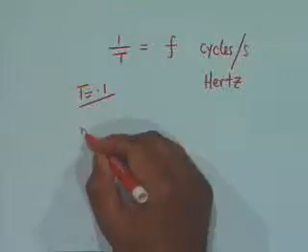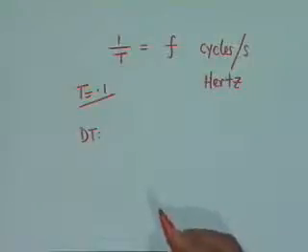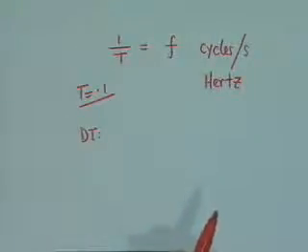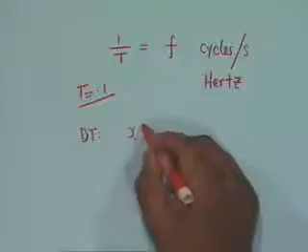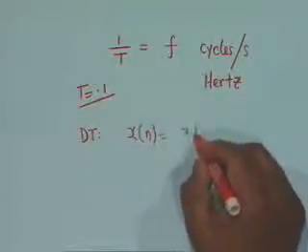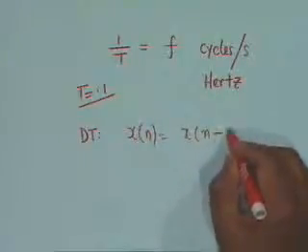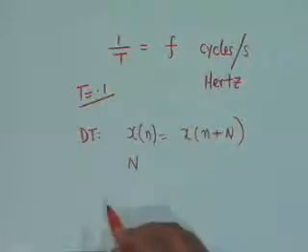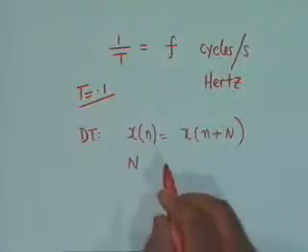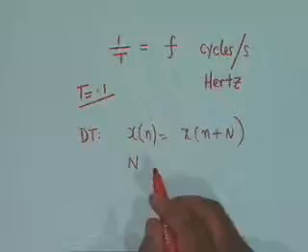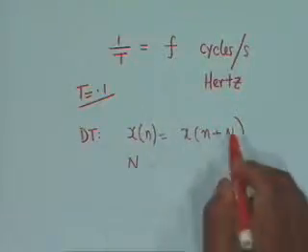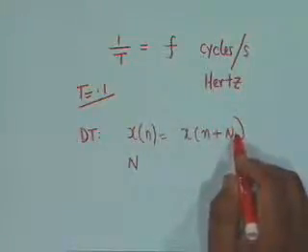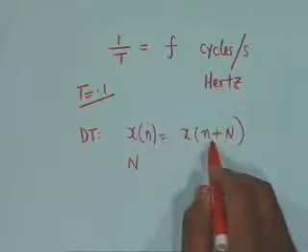In the case of a discrete time signal, the periodicity shall be a little more demanding, and as I said, the definition is okay. x of n is x of n plus capital N, where capital N is an integer, and capital N shall be equal to the period if this is the smallest value satisfying this relation.